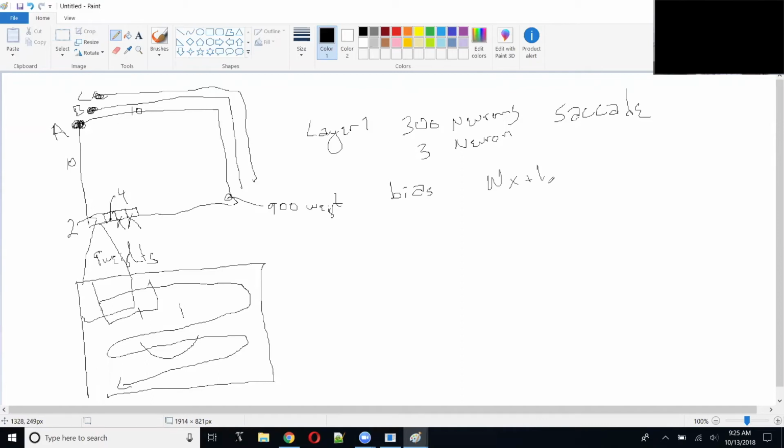WX plus B, that's your activation, and of course you put it through a ReLU, and so there are these biases. In the biological interpretation, there are 100 biases on this first sheet. There are 100 biases according to Jan LeCun.